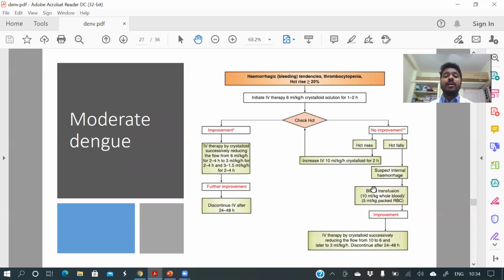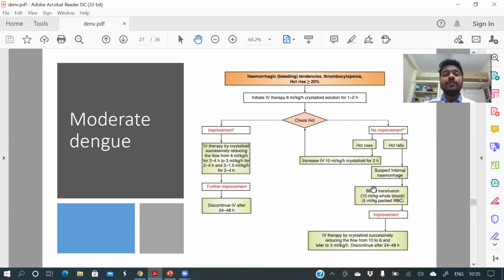After giving crystalloids for 1 to 2 hours, we have to check hematocrit again. If there is improvement, in the sense that hematocrit has dropped, urine output has improved, BP has improved, the narrow pulse pressure has become broad, and tachycardia has come down, these are signs of improvement.